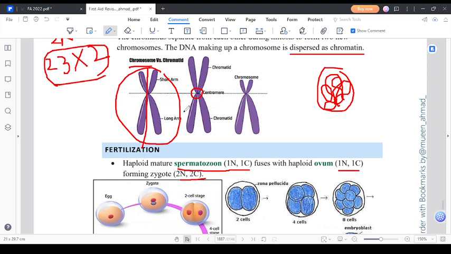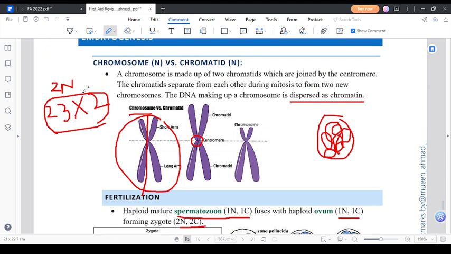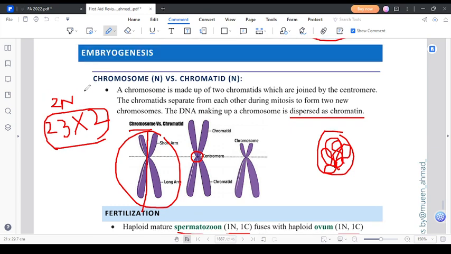So normal somatic cells are 2N, but whenever we form the gametes, the gametes or germ cells are haploid cells, because normal somatic cells do not participate in fertilization and no fusion takes place. But in the case of gametes, the sperm is going to fuse with the egg.